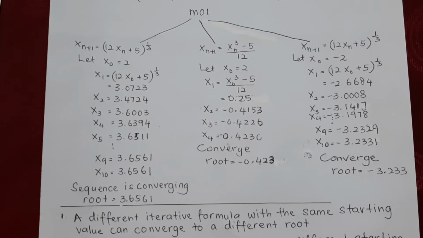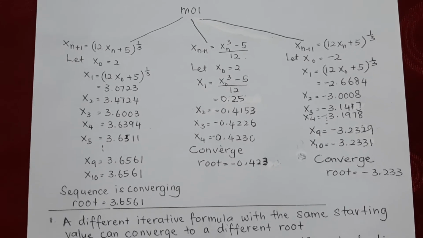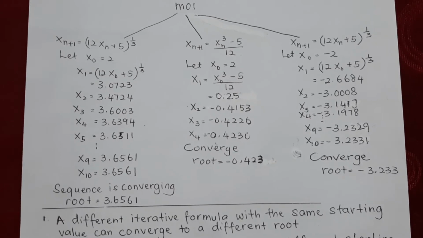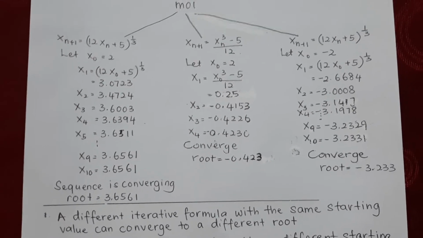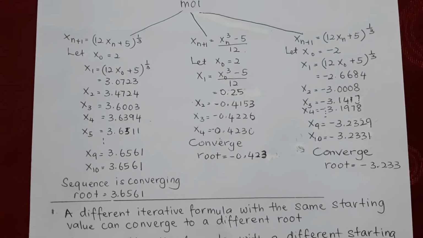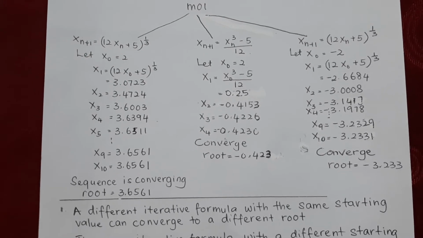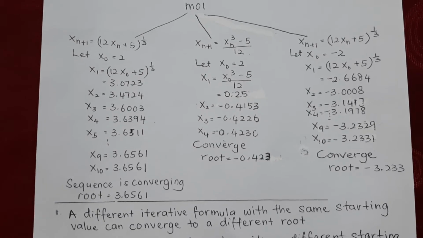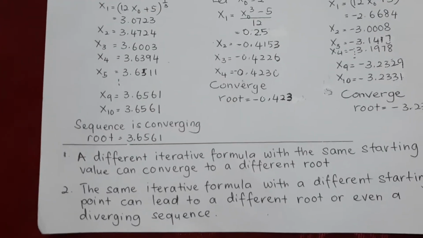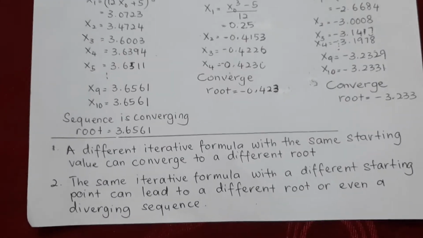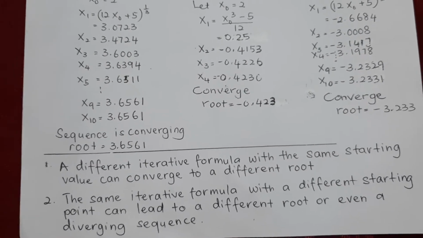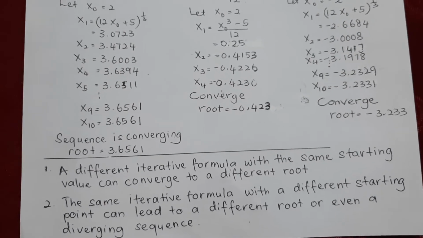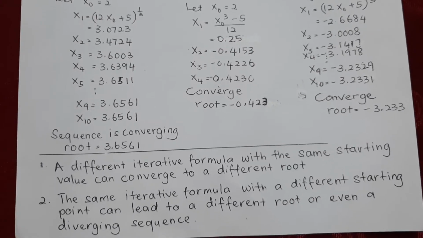So let's look at the first and the third set of iteration. Same formula of iteration, but a different initial guess will give you different roots. So from the 2 conclusions, especially the second, we can see not all iterations converge, some diverge.